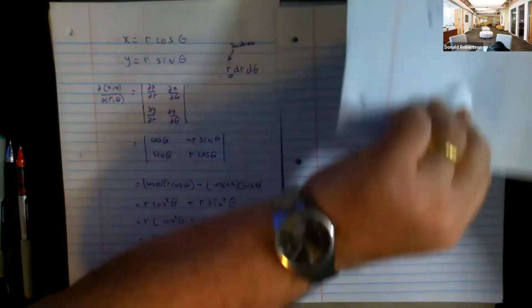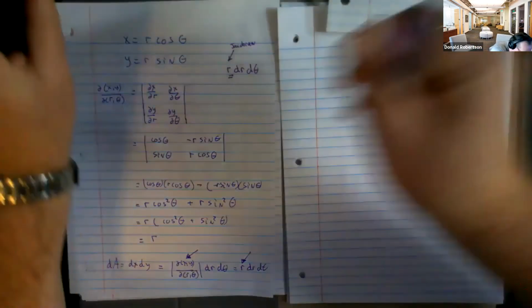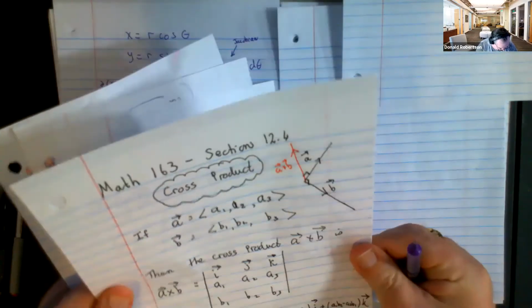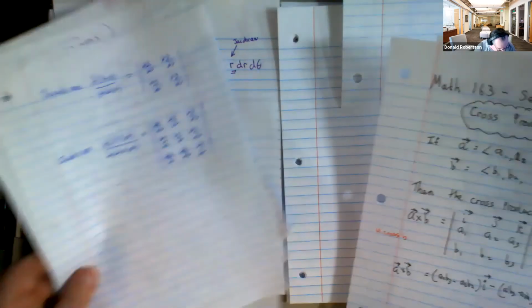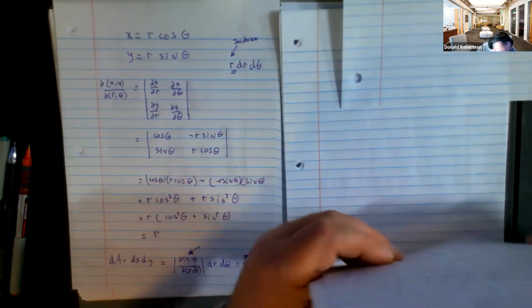Now, I'm hoping I still have it, because it's a pain, because I never memorize these things. Well, of course, I don't have it, but I can find it. Has someone got the notes handy?